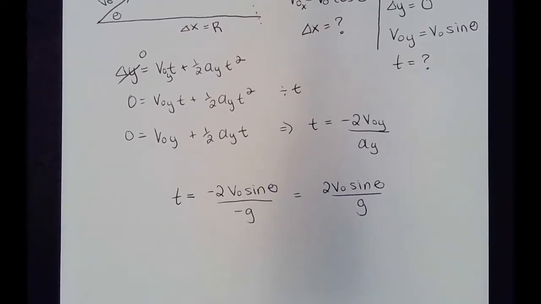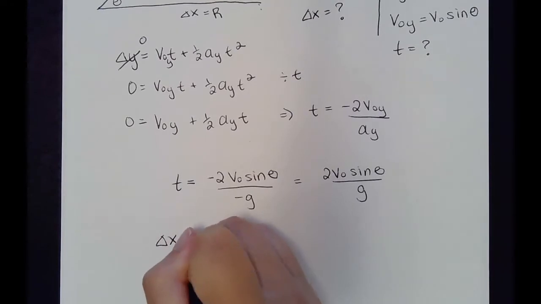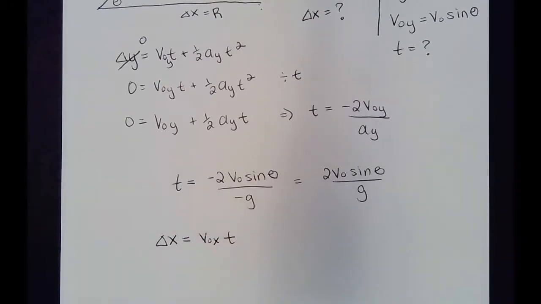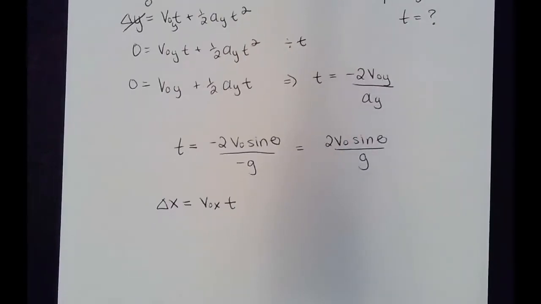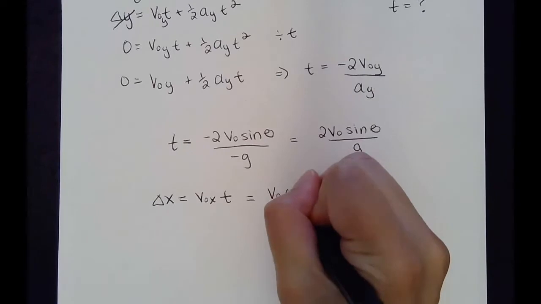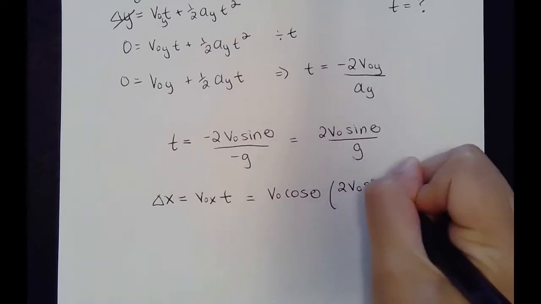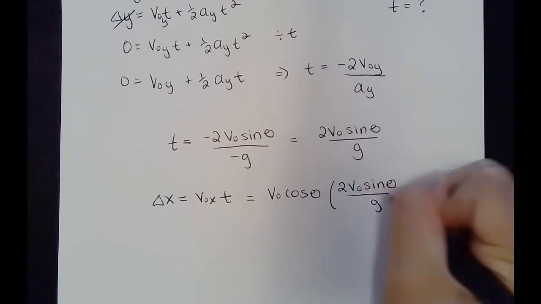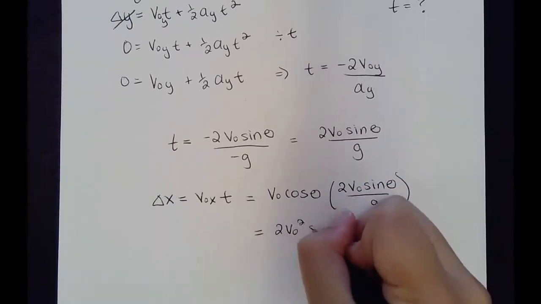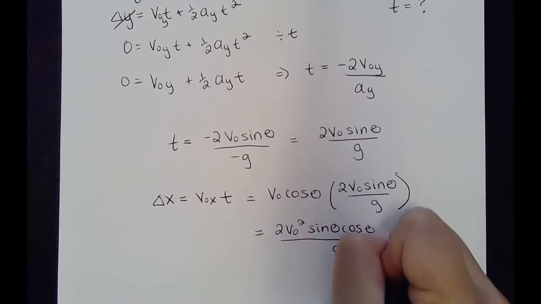Now we would go to our x information and use the equation for x displacement, like I showed you, v naught x t, in order to find the range. So when we plug this in, we have v naught x, which is v naught cos theta, times t, 2 v naught sine theta over g, which gives me 2 v naught squared sine theta cos theta over g.